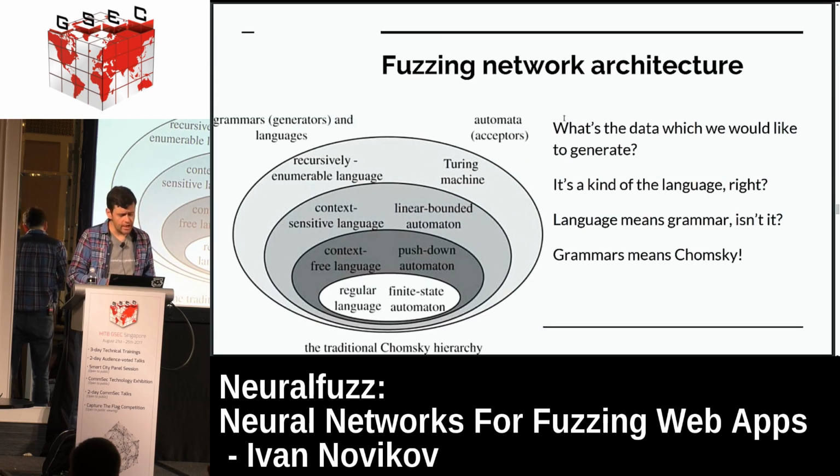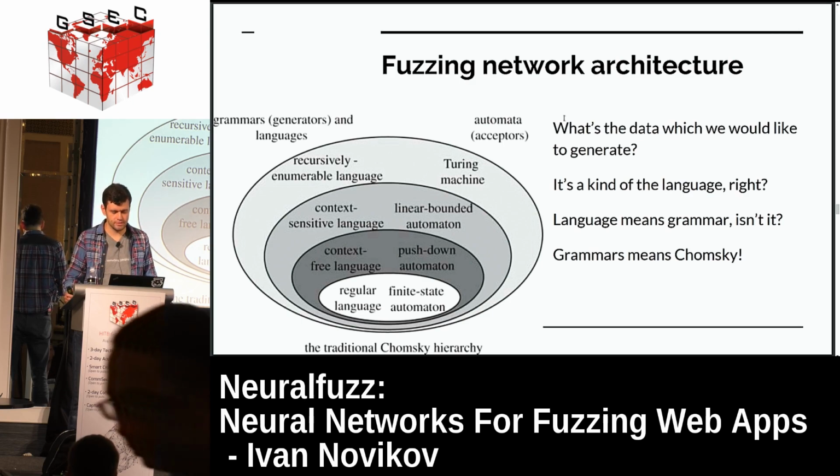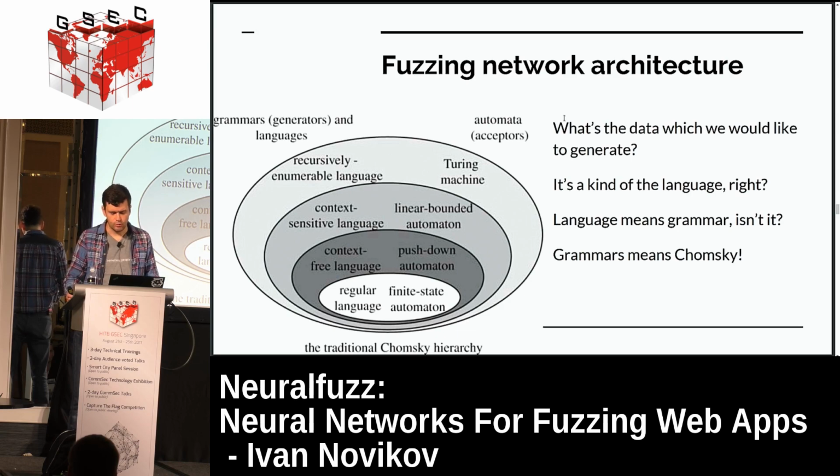So now we should suggest how to apply all this knowledge about neural networks, recurrent neural networks, and fuzzing inside the fuzzing. To solve this problem, we should create some kind of topology or architecture of these neural networks. Obviously, we should analyze which sort of data we would like to generate. Since we would like to generate payloads, which means syntax constructions for different languages, we should know how this language could look.